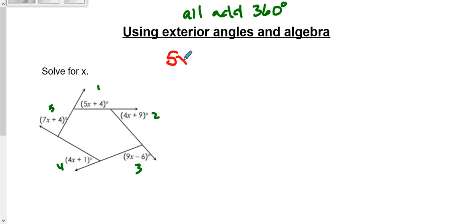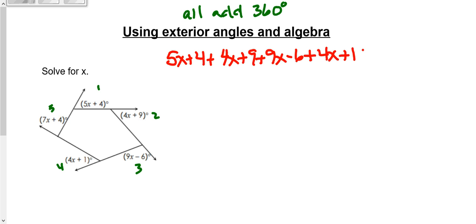It's going to be 5x plus 4 plus 4x plus 9 plus 9x minus 6 plus 4x plus 1 plus 7x plus 4 equals 360, because all the angles will add up to 360. So that's your first angle, second, third, fourth, fifth angle, right?